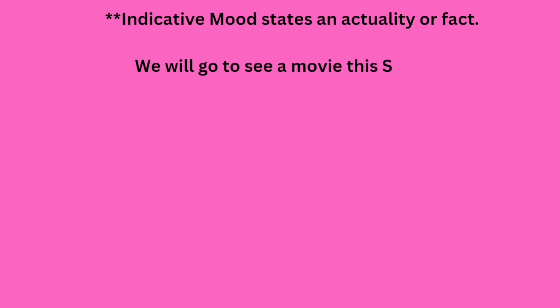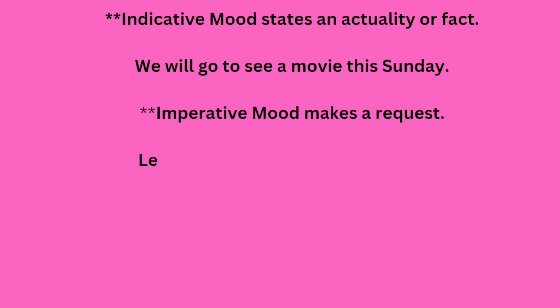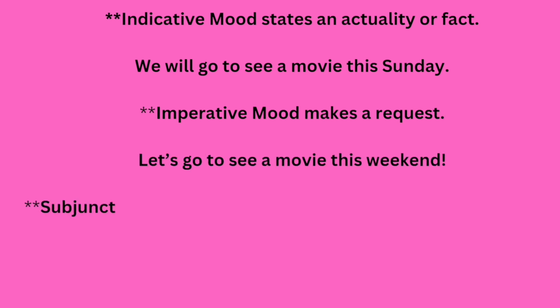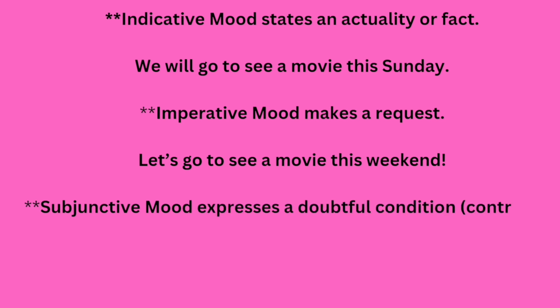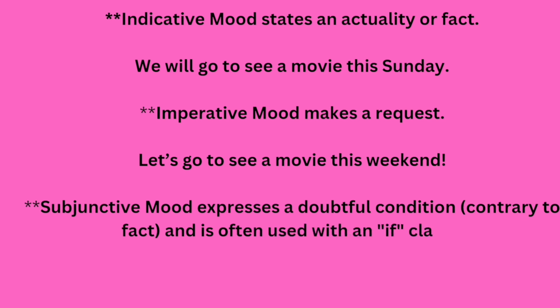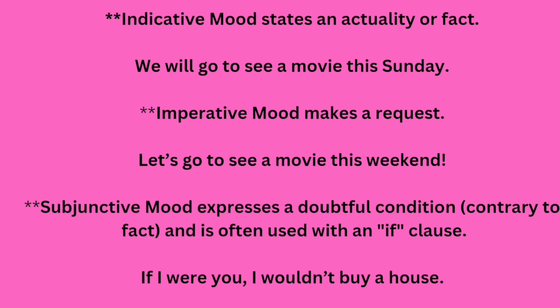We will go to see a movie this Sunday. Imperative mood makes a request. Let's go to see a movie this weekend. Subjunctive mood expresses a doubtful condition, contrary to fact, and is often used with an if clause. If I were you, I wouldn't buy a house.